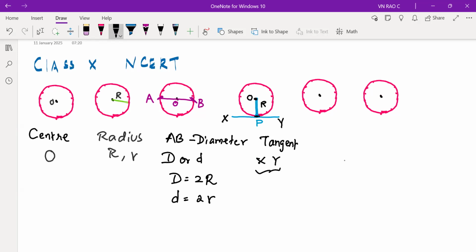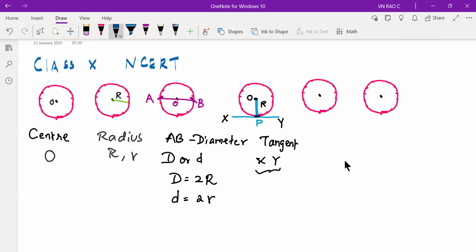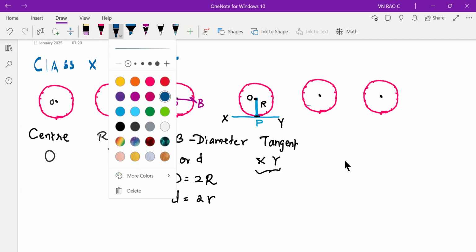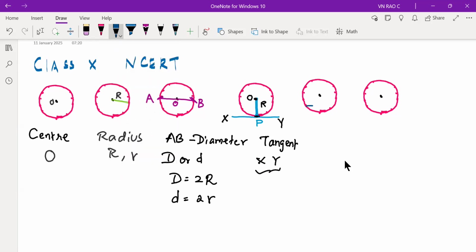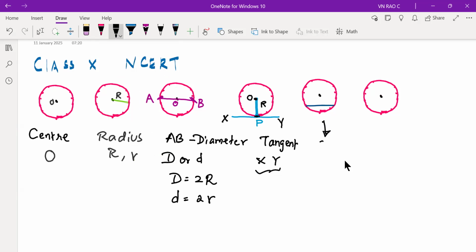Now, one more point. Let me take another circle, but this time I am drawing a line which is not passing through the center, but cutting the circle like this. It is a straight line and can be anywhere. This diagram represents a secant or a chord.